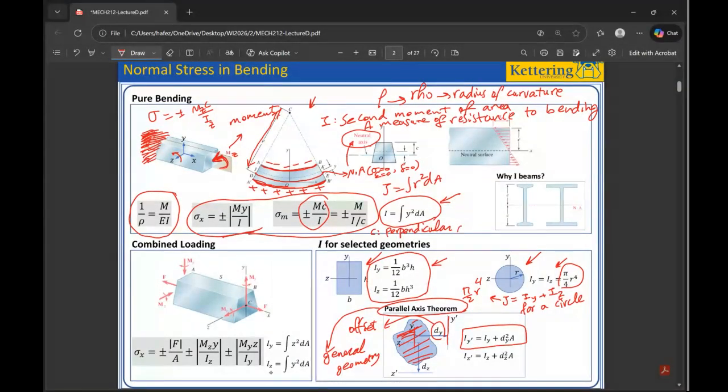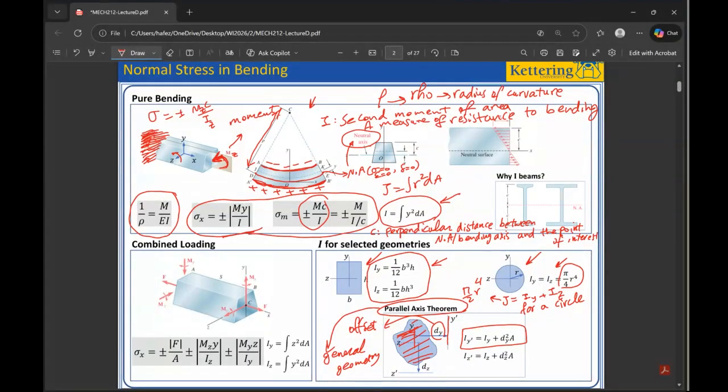All right, it is the perpendicular distance between the neutral axis or bending axis and the point of interest.